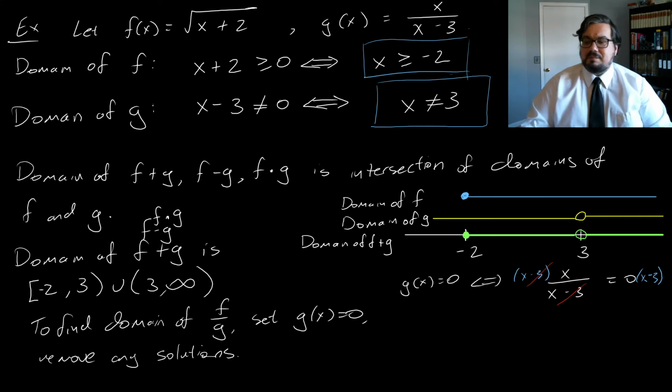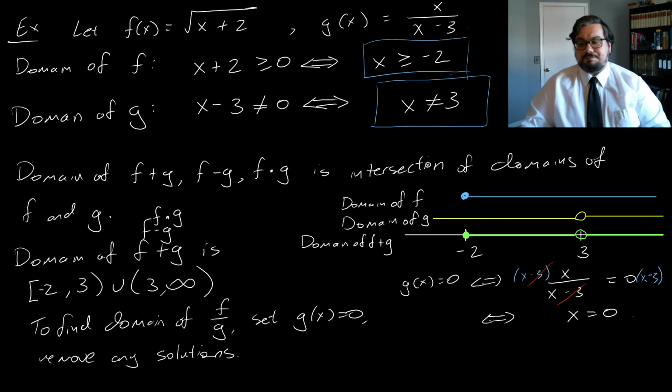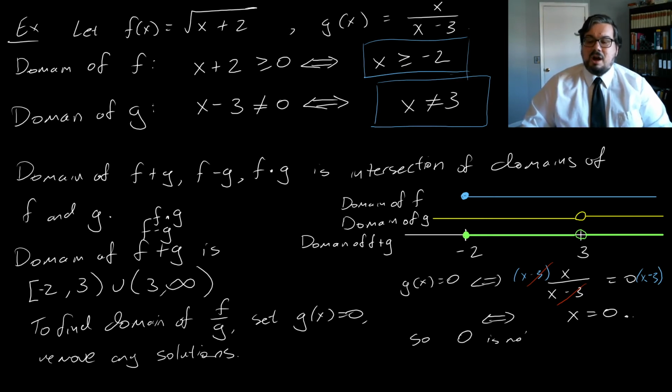The x minus 3's will cancel on the left, and so we'll get x equals 0. So that tells us that g of x is 0 if and only if x is 0. So that means that 0 is not in the domain of f over g.